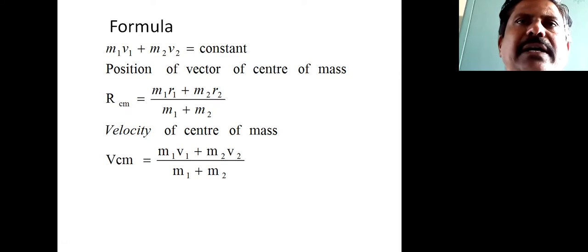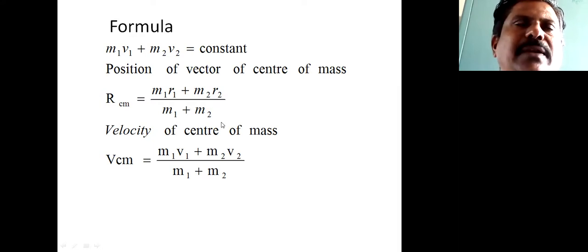It may be two particles or n number of particles. If the system has two particles, then R CM, the position vector of the center of mass, equals m1 r1 plus m2 r2 divided by m1 plus m2.